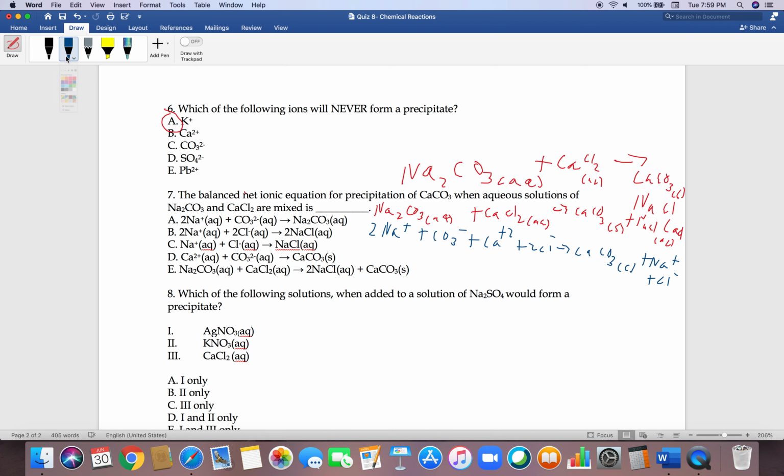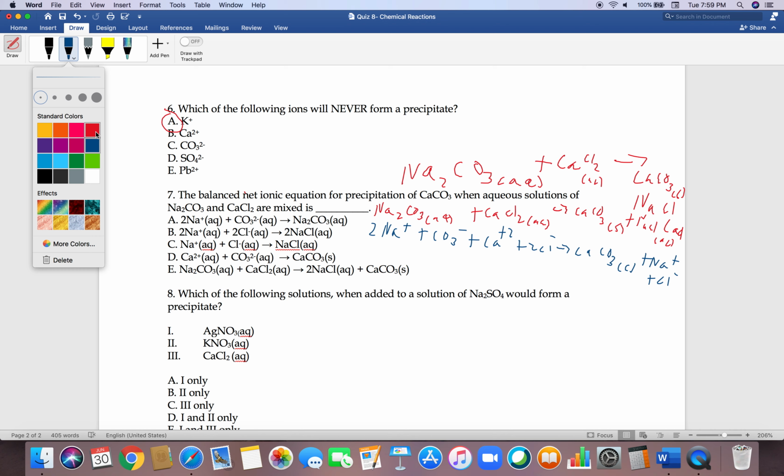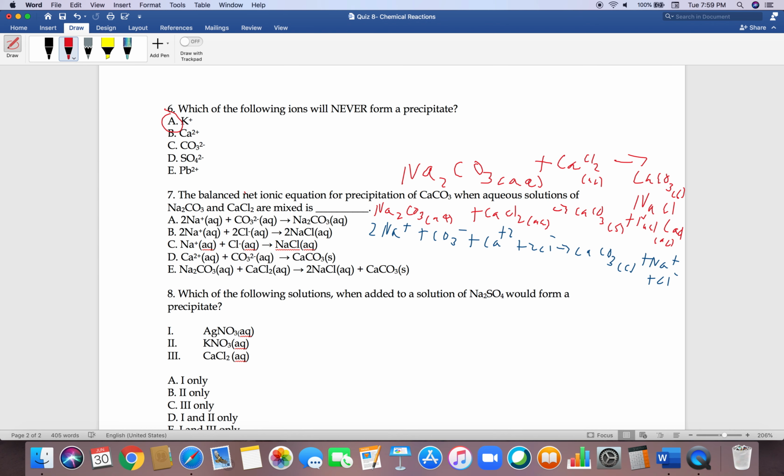So the net ionic equation asks us to remove what we call spectator ions. Those are ions that are present on both sides of the equation that cancel out. So in this case, that would be the sodium, because that sodium cancels here. That would be the chloride, because that chloride cancels here, and these should have 2's in front of them, because this is balanced when it has a 2.